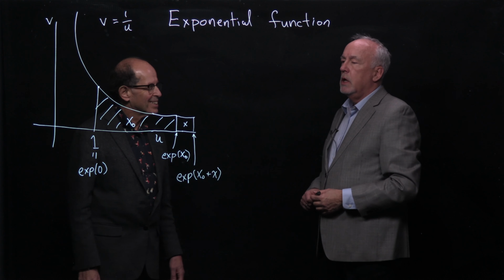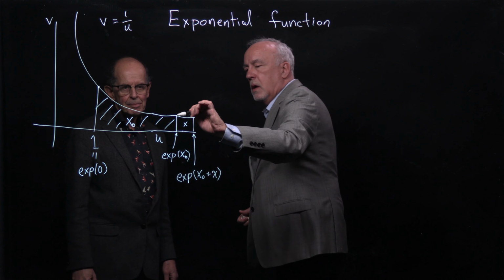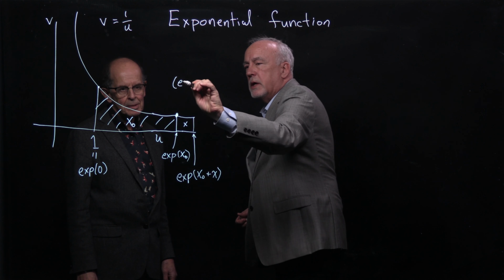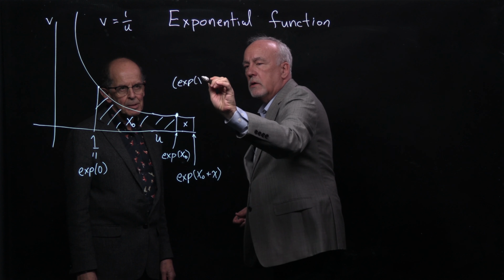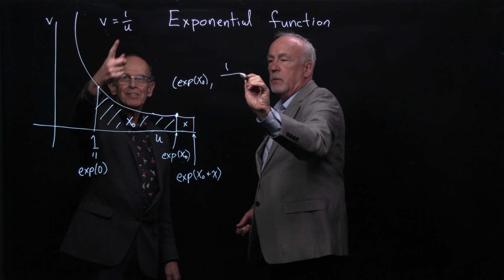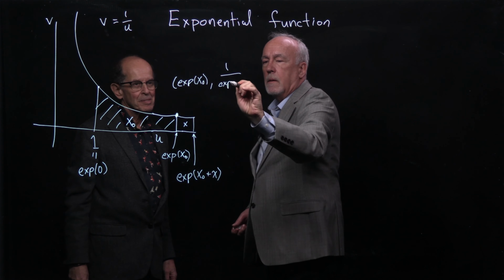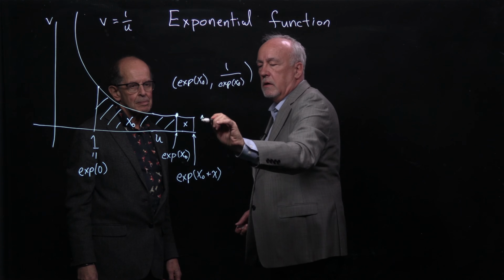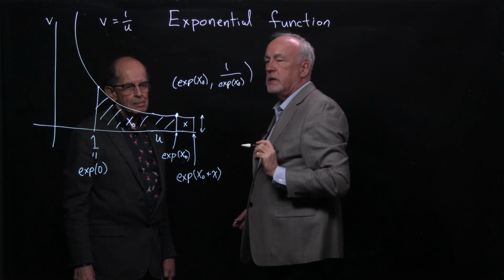That's great. Okay. Now this thing was a hyperbola. So the x-axis we saw was the exponential of x0, and what's the y-axis? One over that. Exactly, because it's the hyperbola. So that tells me the height here, from this point to this point, is how high?